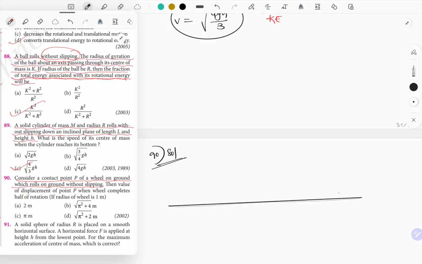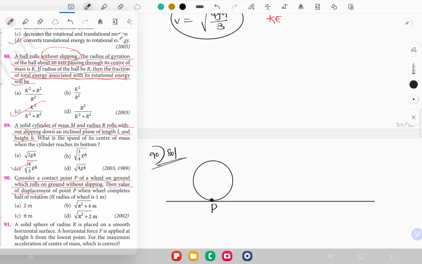Let me consider a horizontal surface and an object. Then find the displacement of point P when the wheel completes half rotation.